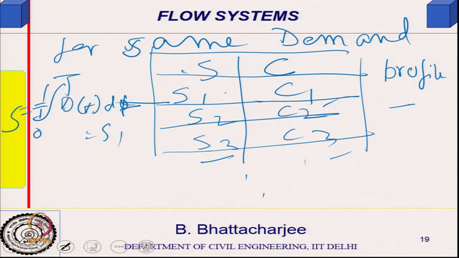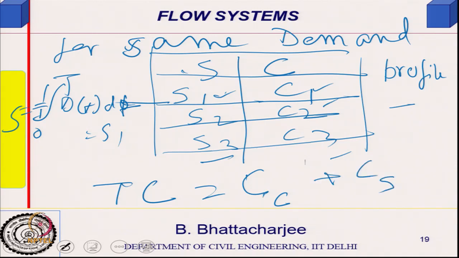Therefore, total cost I can find out. Total cost will be cost of the supply and cost of the storage. So, since this one I know, I can find it out. So, if I call the cost of storage CC, total cost, and cost of supply CS, this total cost I should find out.